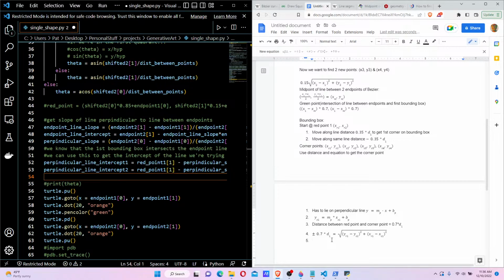So if I just move that over, 0.7 squared is 0.49.